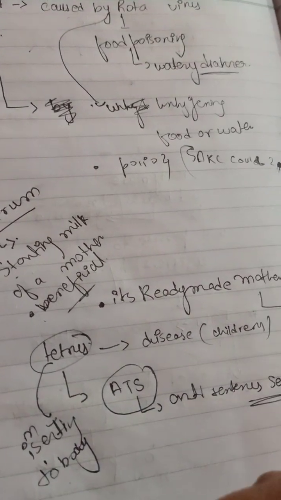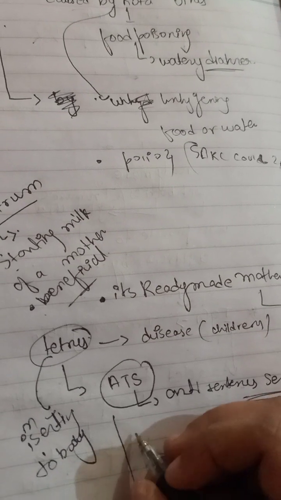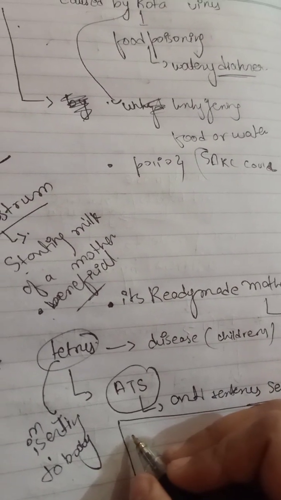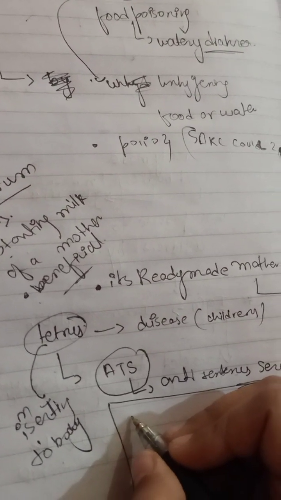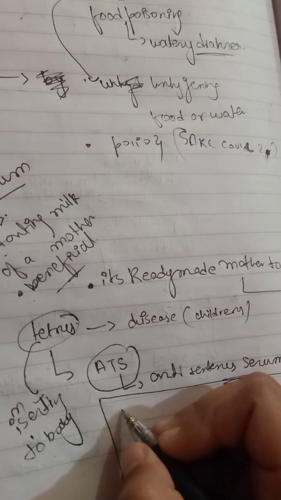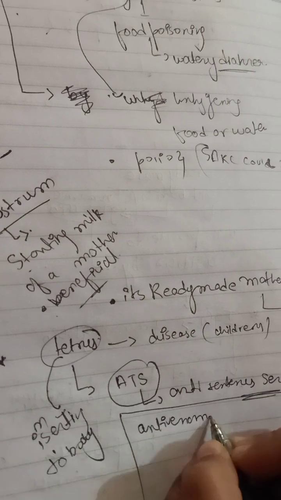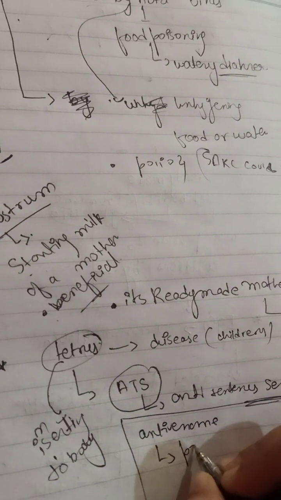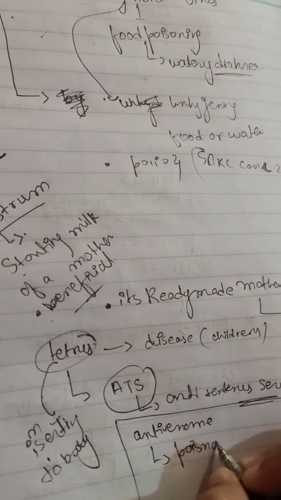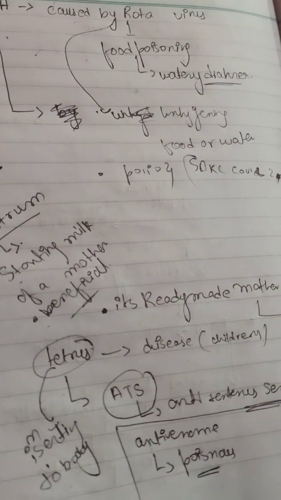So if we talk about one more antibody, that is the anti-venom. What is anti-venom? Anti-venom is basically for poisonous things, for example if any snake is there.